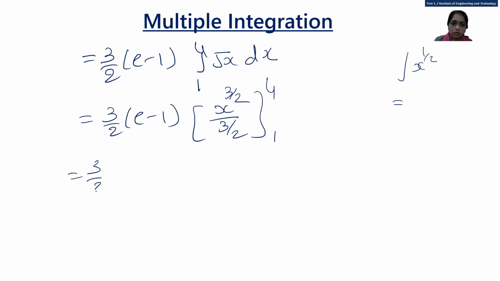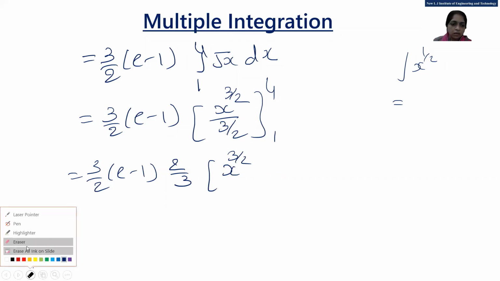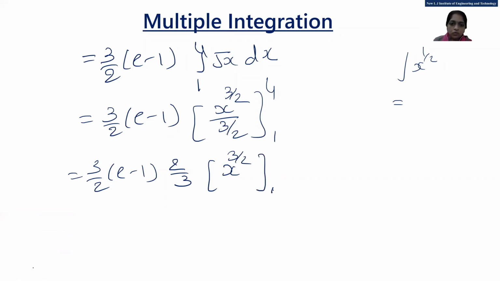So here 3/2 times e minus 1. If I write 3/2 as 2/3 in the denominator, we have x raised to 3/2 minus x raised to 3/2, with limits 1 to 4. The 2 and 2, and 3 and 3, will cancel. Here e minus 1.